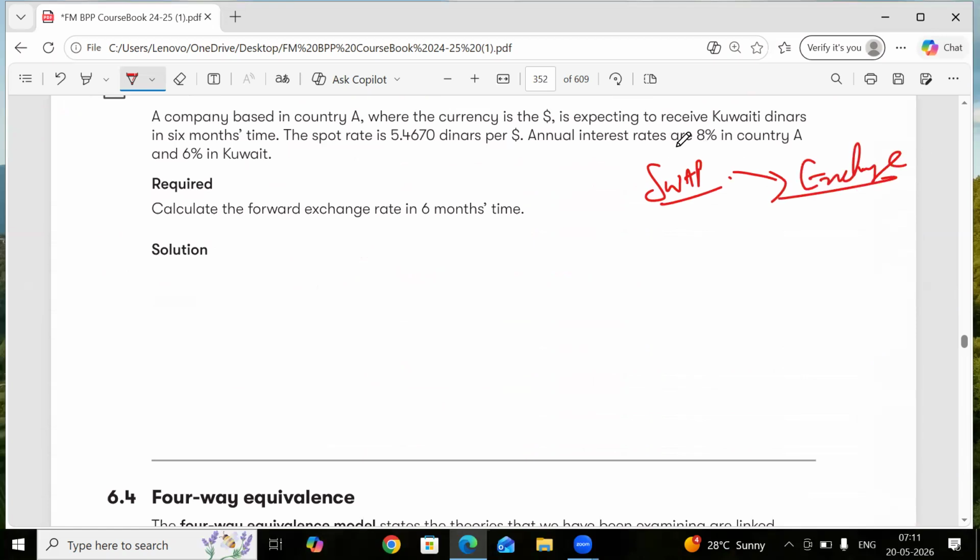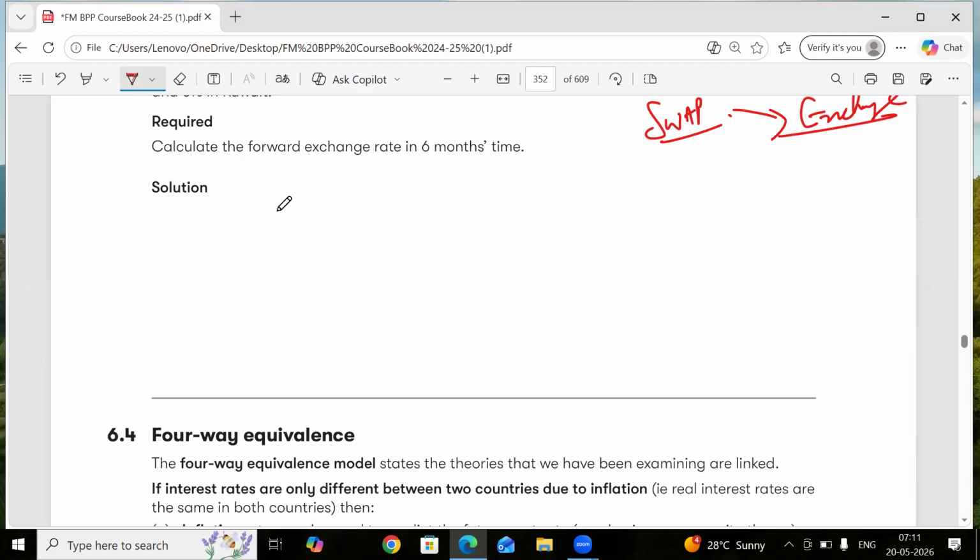So how come this can be a good tool for us to save from foreign currency exchange rate risk? There are two parties. One is in UK, one is in France.